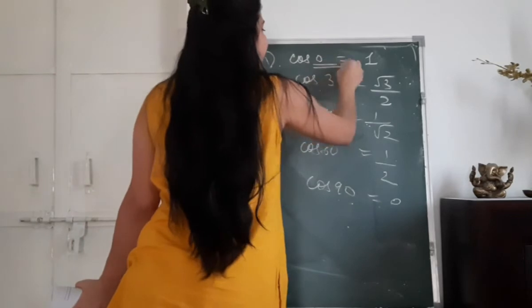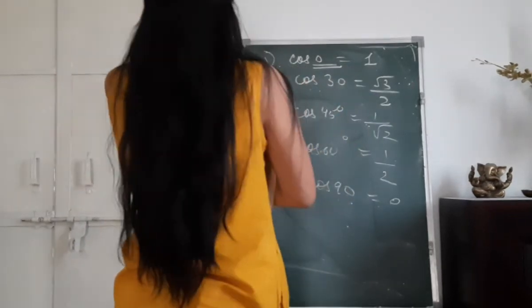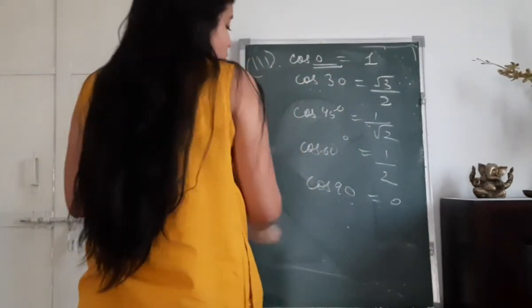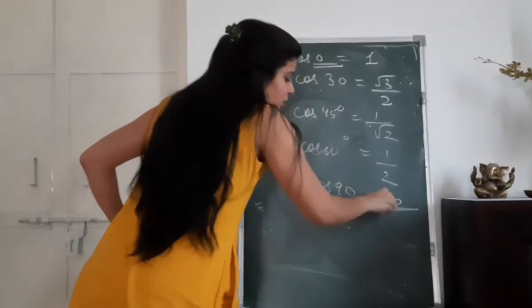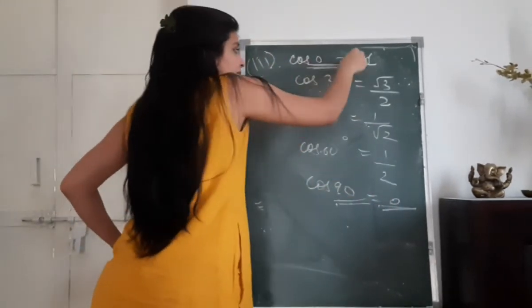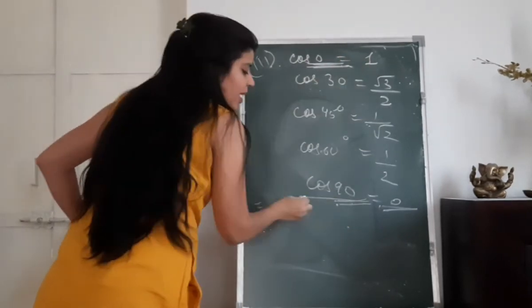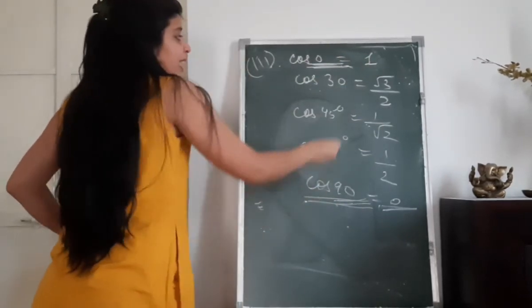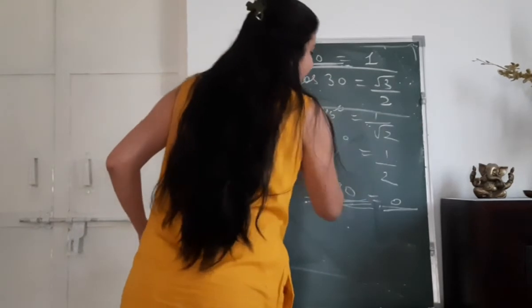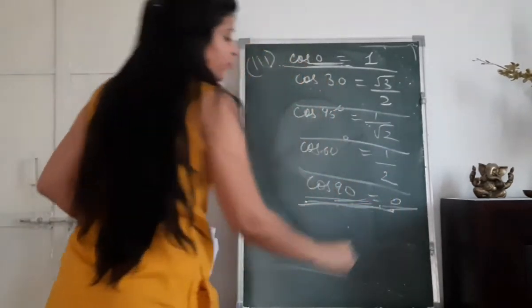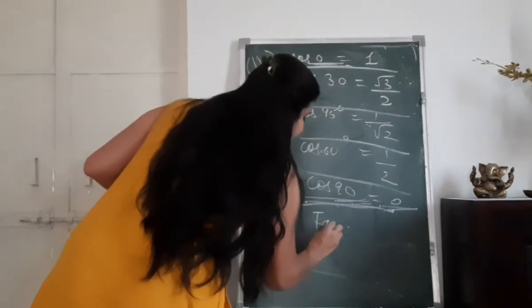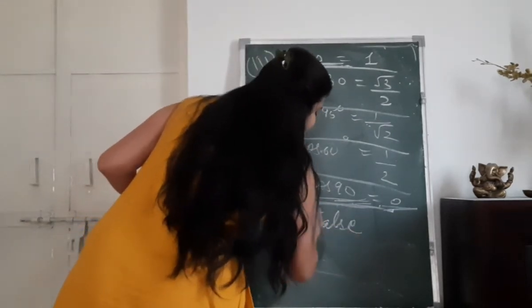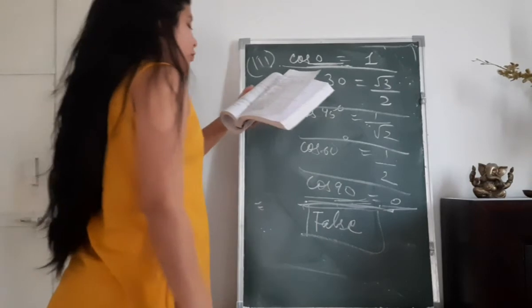Theta is 0 here, but the value of cos 0 is 1, while theta is 90 here, but the value of cos 90 is 0. So, if theta is increasing, are my values increasing? No. If theta is increasing, then the value is decreasing for cos. Therefore, this statement is false. Hence, your answer is going to be false for this statement.